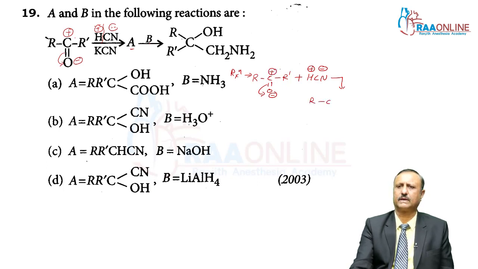Then, my dear students, you can get the OH, CN and R dash. When it is hydrolyzed by water or KCN, then you see the CN group is converted to COOH group. Then your compound is RC, COOH, R dash and OH group.